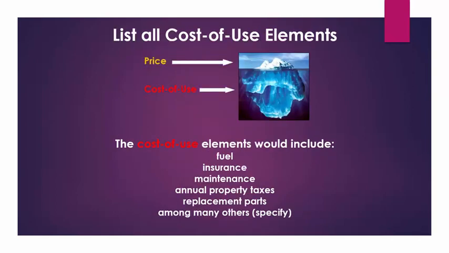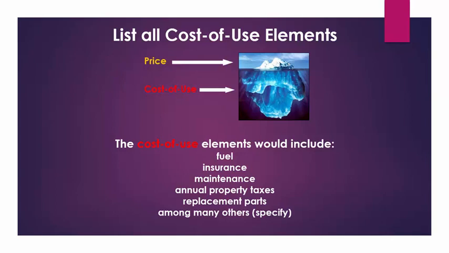All right, now unfortunately the price is not the only element of cost that I'm going to have to deal with. There are going to be some costs of use or additional expenses that I incur over time. Now, the classic way of explaining this is in this little iceberg model that you can see at the top right.